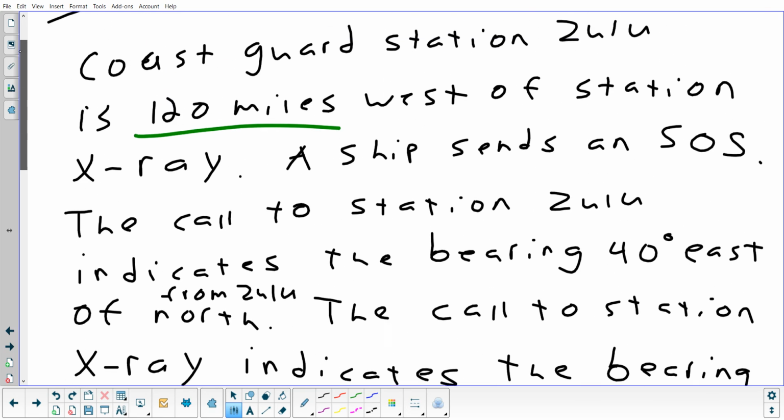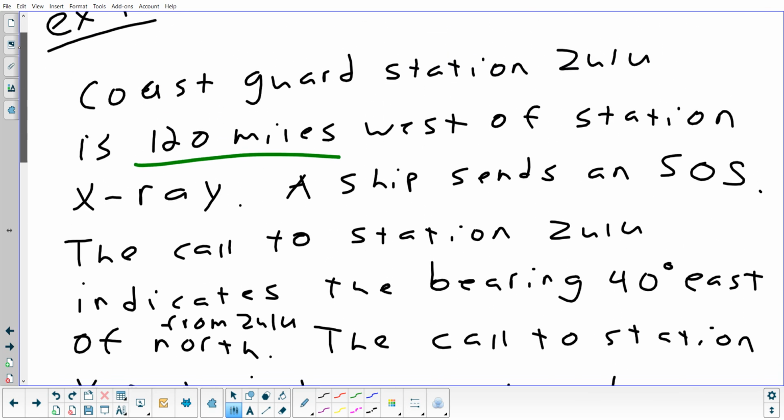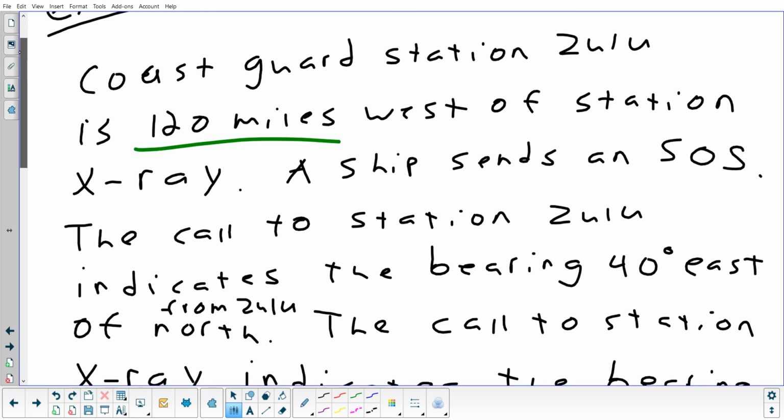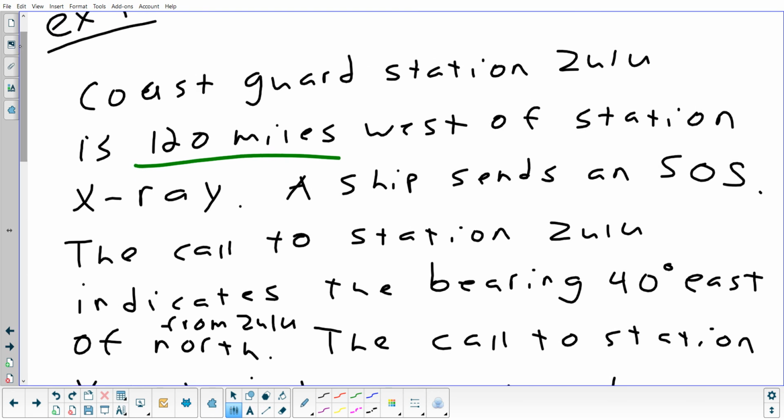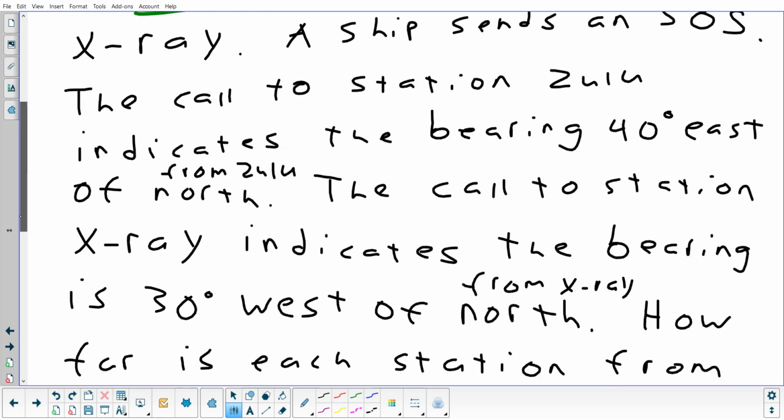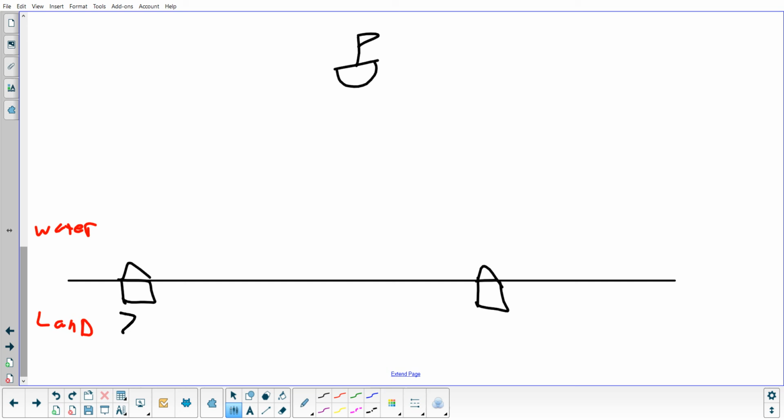Let's name them X-ray and Zulu. I need to put them in the right spot. Zulu is to the west, so west means it's to the left. So let's call this one Zulu, and this one X-ray.